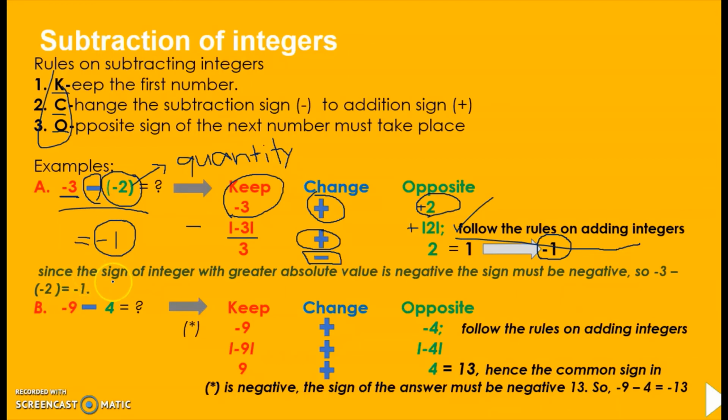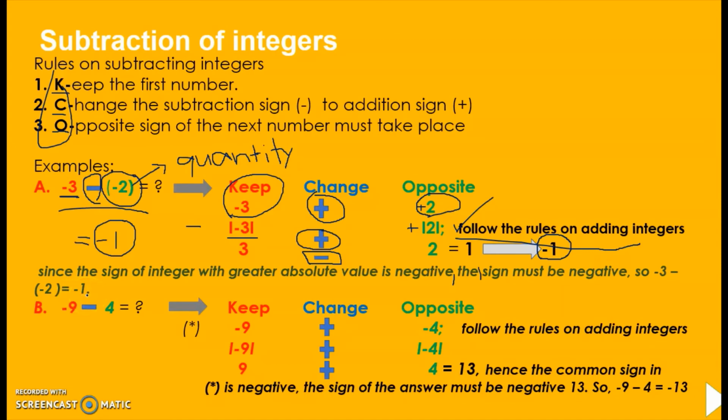And it says here, since the sign of the integer with greater absolute value is negative, the sign must be negative. So negative 3 minus the quantity of negative 2 is equal to negative 1.